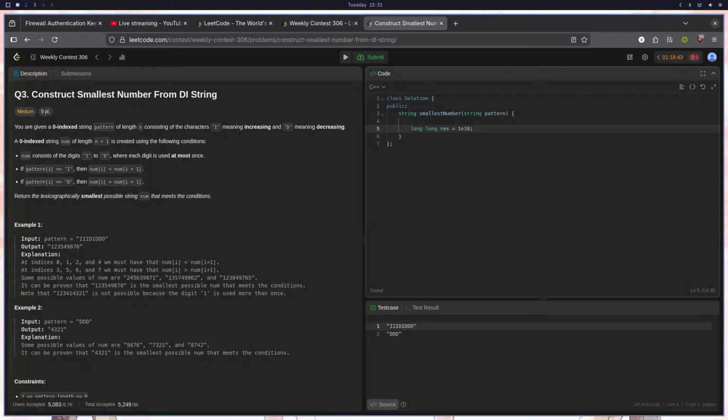Is lexicographically smallest. Meaning 4 has come here. Yes, lexicographically smallest means, I mean, obviously it should be number-wise smallest. Auto move. Just do it with a string. String was equal to. Okay.